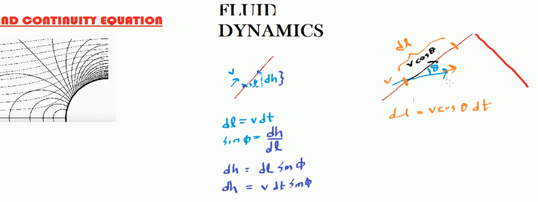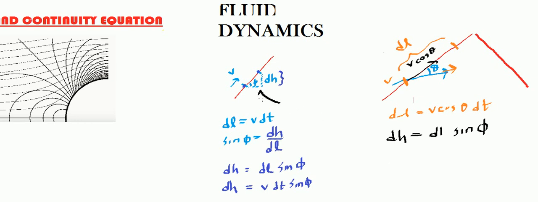Okay, now my question is, if you are moving in this way, what is the height that you are traveling in a particular time? Okay, so quite easy. You will say, hey, dh is always equal to dl sine phi. Remember here phi and theta are different angles. Okay, I'm not gonna repeat.